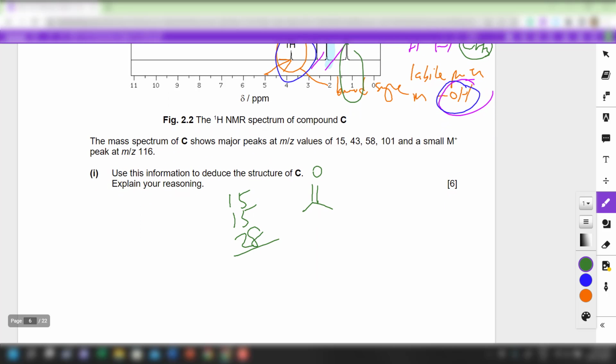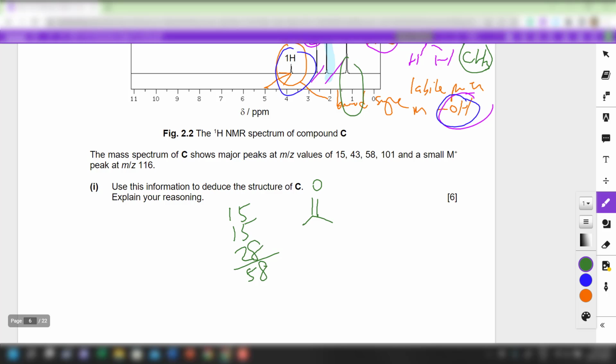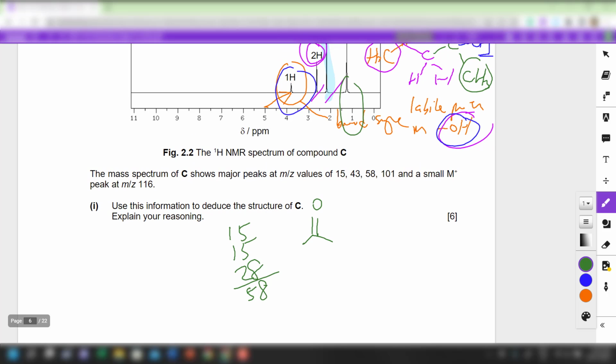So in total this will be 58. Okay, so essentially you are expecting C to be something like a dimer, but in this case obviously it's not a dimer. Yeah, so it's a combination of two propanone molecules. Because if you multiply this by 2, you are going to get 116.